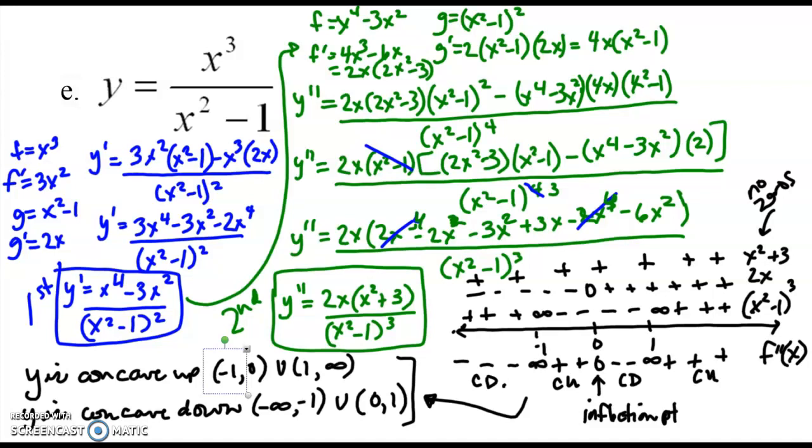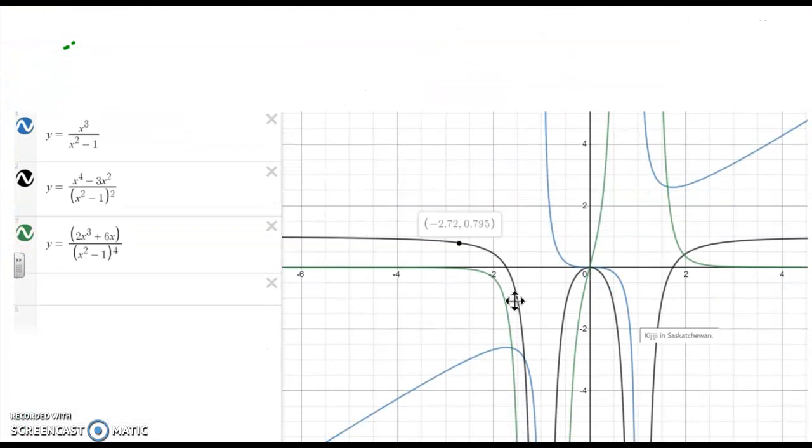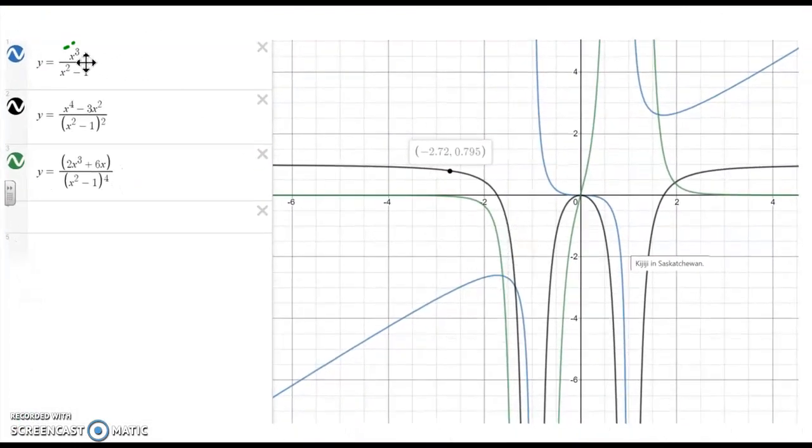Let's look at the graph to just confirm that. So we can see here the blue is the original function, and you can see it's a rational function, so it does follow that pattern. It's got asymptotes at 1 and -1, which makes sense.